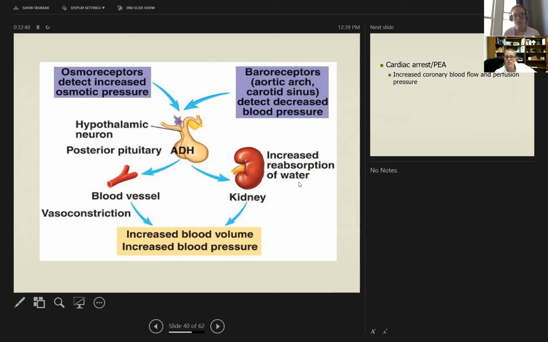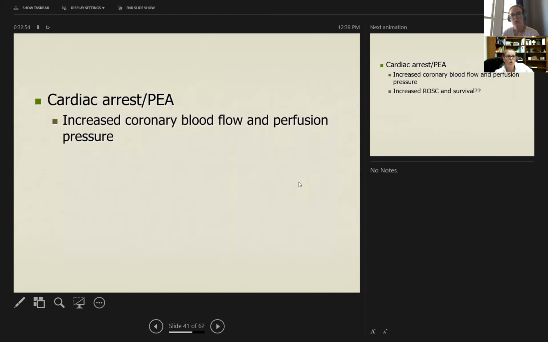So that's going to increase your preload, increase your intravascular volume, also helping to increase blood pressures. Historically, this had been used in cardiac arrest and PEA. Newer literature has found that ROSC is not more effectively achieved with giving vasopressin in PALS and ACLS, so that has been removed from the ACLS algorithm.